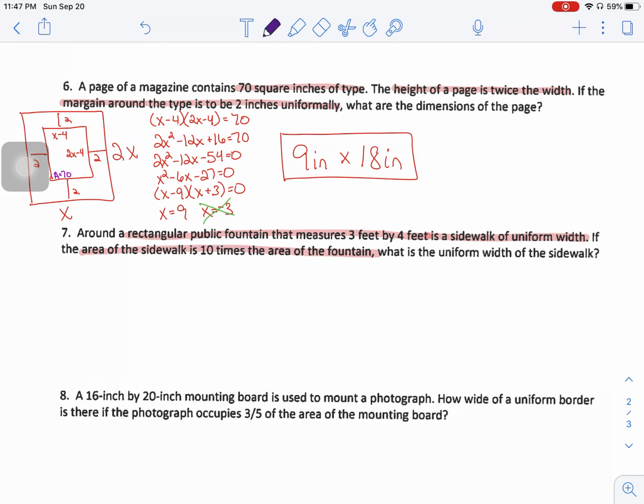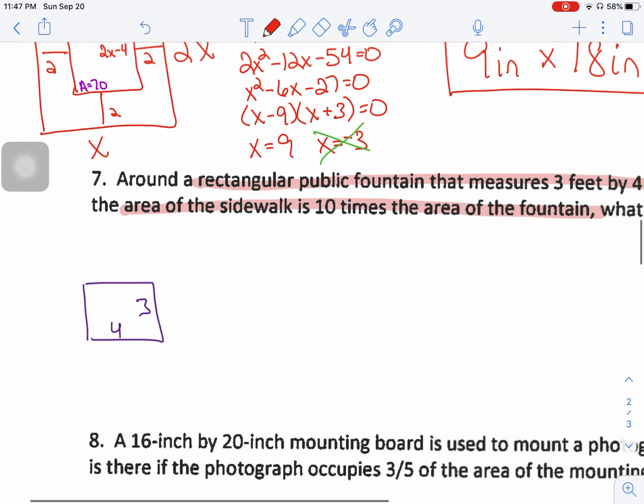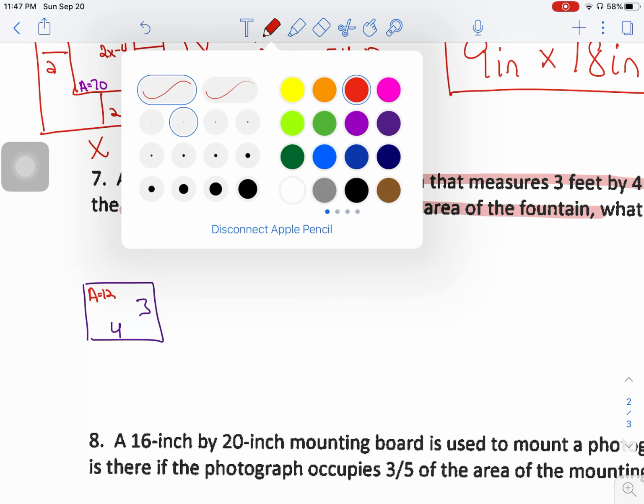All right. So we have a fountain that is 3 feet by 4 feet. Very quickly, I'm going to go ahead and fill this in as area equals 12. Okay.